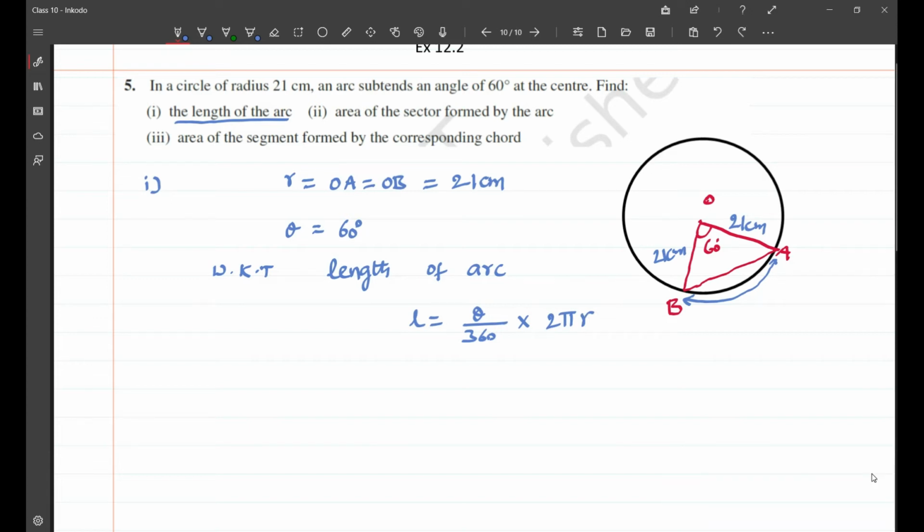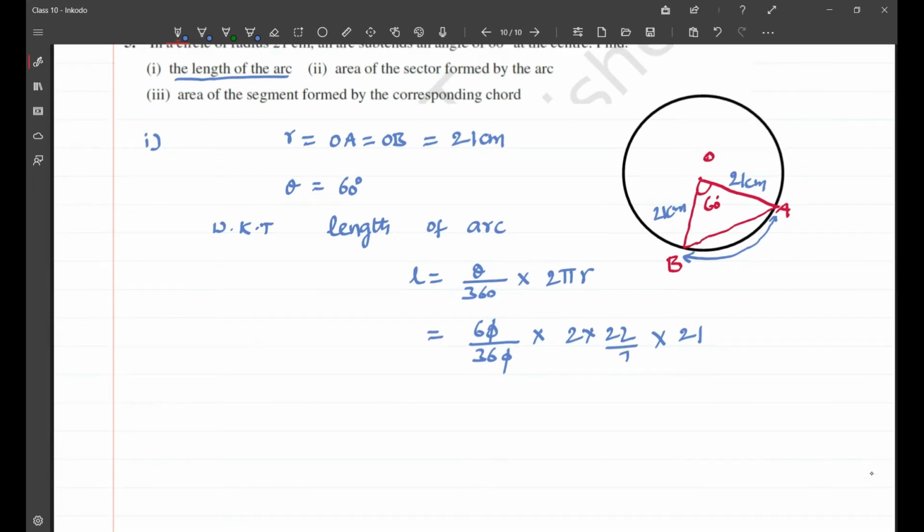Let's put the values according to question. 60 upon 360, 0 0 cancel, multiply by 2 multiply pi value we can take it as 22 by 7, multiply by given radius is 21 centimeter.